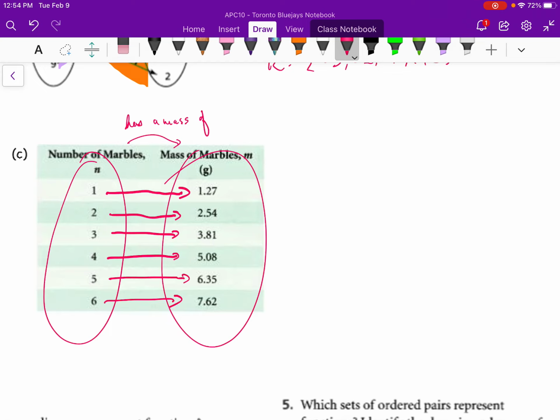And indeed, what we see is that each element of the first set maps into only one element in the second set. So this is a function.